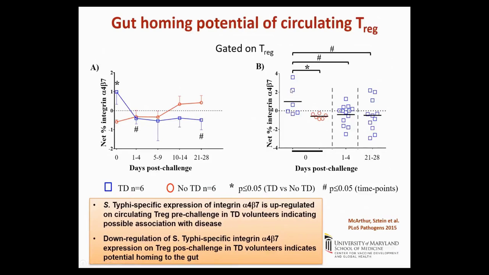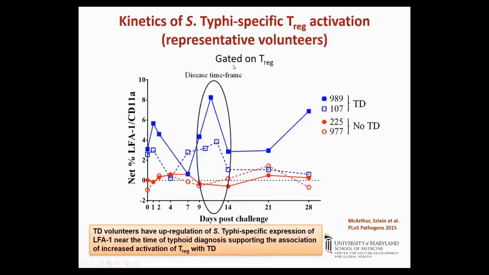If we look at panel B, we can see that after challenge, 1 to 4 days in this case, 21 to 28 days in this case, there are fewer regulatory cells in circulation that express alpha-4 beta-7, probably indicating that these cells have homed to the gut.